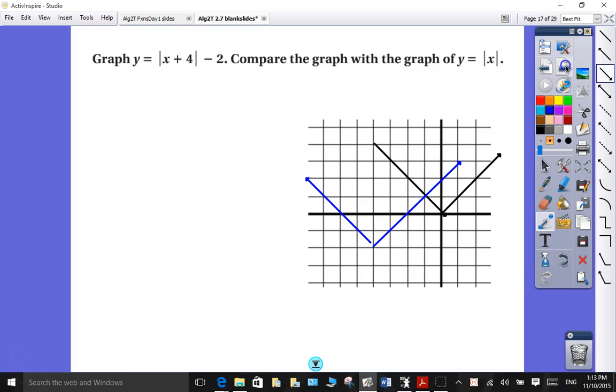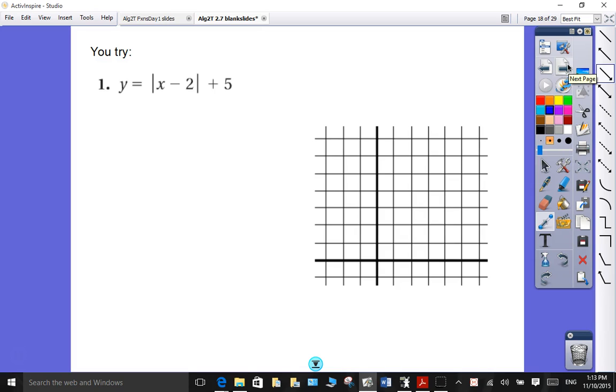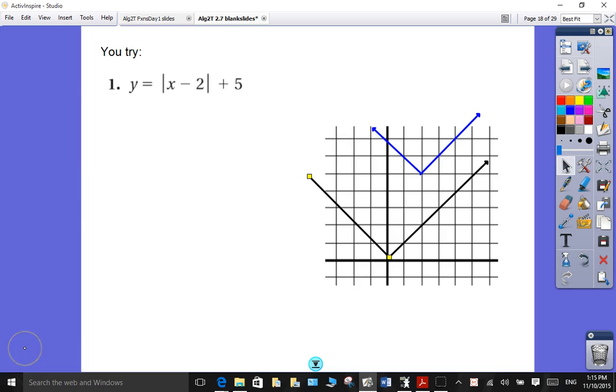So here's yours. Graph that one. Graph the parent function and then graph that on the same background. So that's my artist rendition.